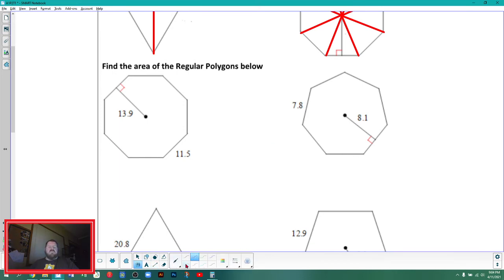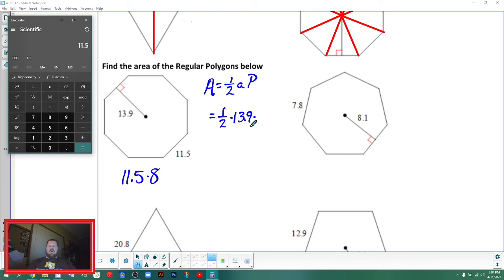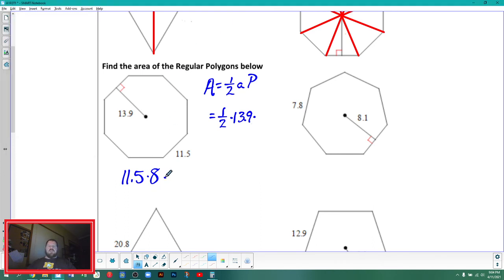That's the beauty of having the formula in general, is that knowing that this area is just going to be 1/2 apothem times perimeter, the only work that I have to do is to find the perimeter and then do some calculations. So it's going to be 1/2. My apothem is 13.9. And my perimeter is just 11.5 times 8, which is 92.